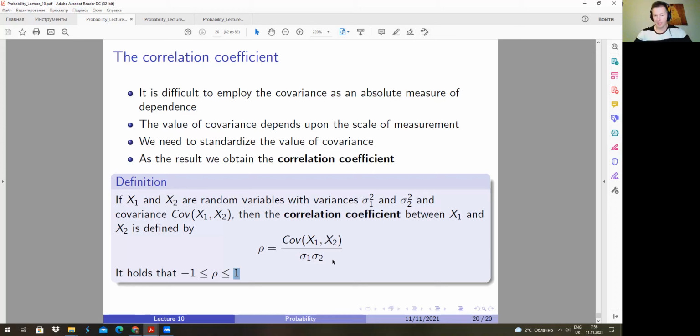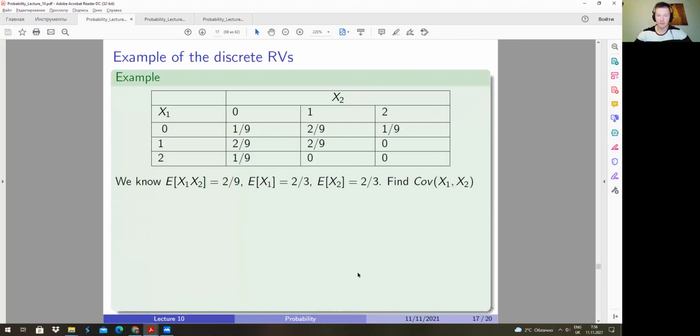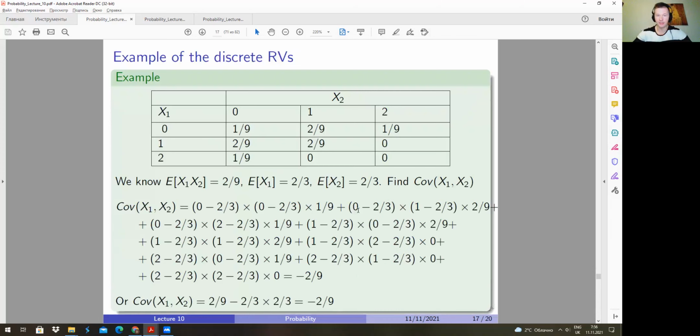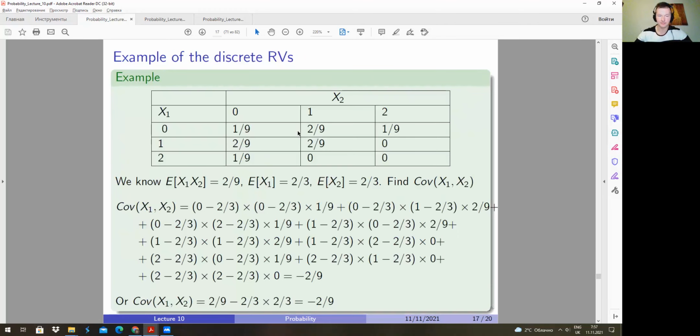So I wasn't able to provide you an example with the correlation coefficient, so let's try to calculate this together. So we know the covariance for this case. Let's try to calculate variances of x1 and x2 and calculate the correlation coefficient for this discrete case, and then we will do the same for the continuous case.